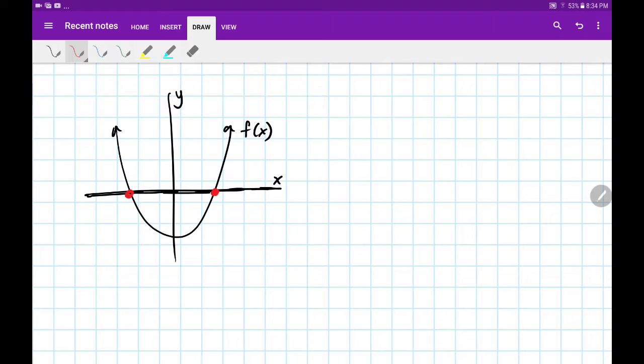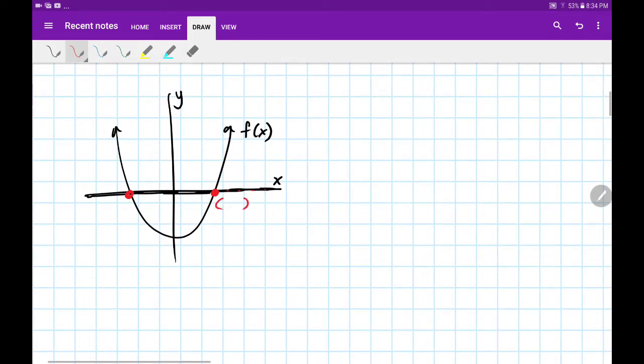And what you'll notice about any point that's on the x-axis, if we were to give it some values, that could represent the coordinate, this could be like (3, 0). And this guy over here could be like (-4, 0). But what all of these points on the x-axis are going to have in common is that the y value equals 0.